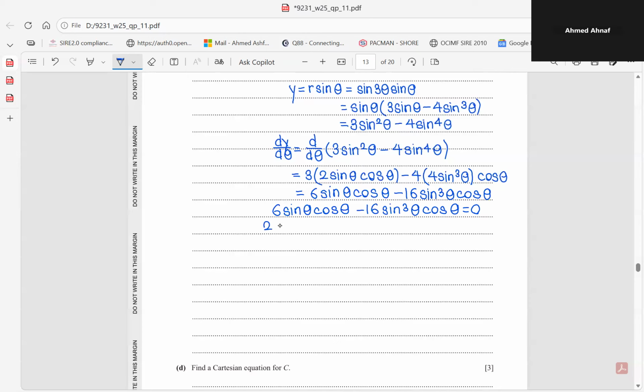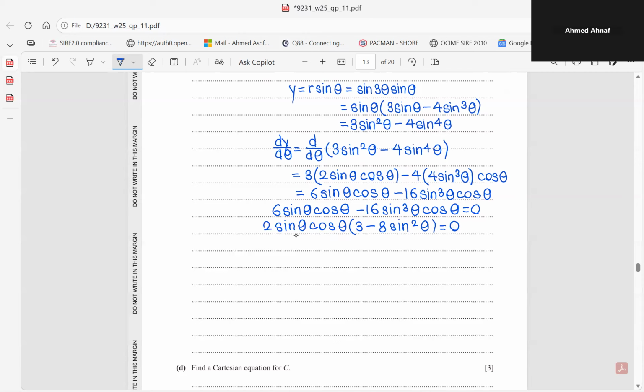So we can factor out 2 sine theta cos theta. Yeah, I'm not canceling out anything at this point, just to be safe. So 3 minus 8 sine square theta equals to 0.